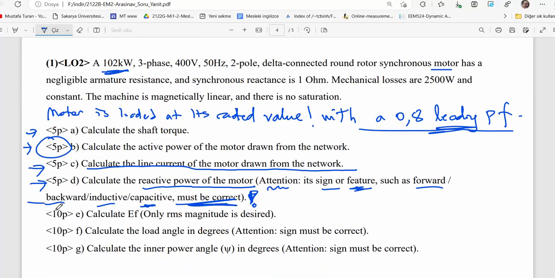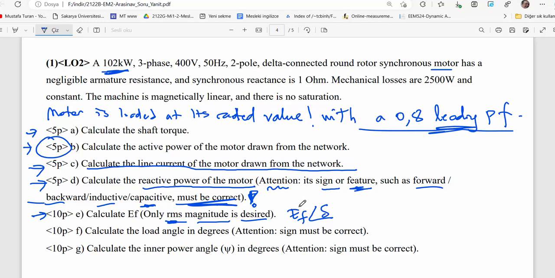Let's continue. E. Calculate EMF. Only the RMS value is required. You know, EMF has a magnitude and a phase angle with respect to reference.